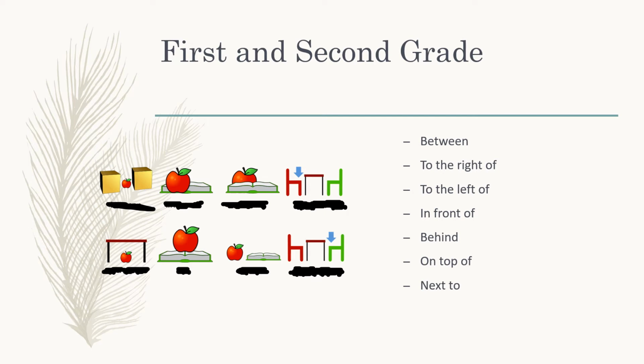In front of, well, we saw the cat was in front of the door, so we should know what in front of is. And next to is like to the right of or to the left of, but it's not very specific. Behind is behind something, and on top of is on something.